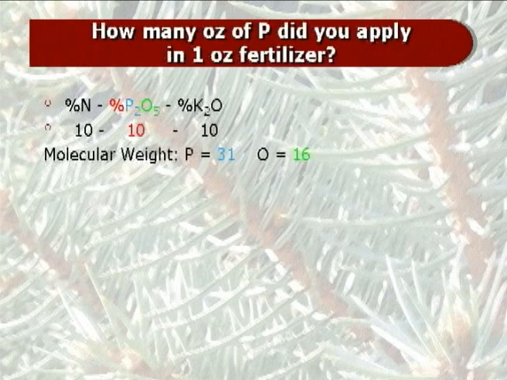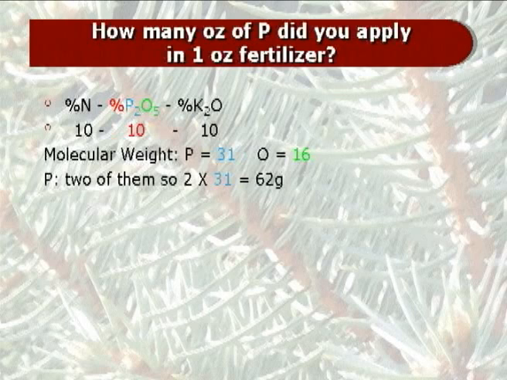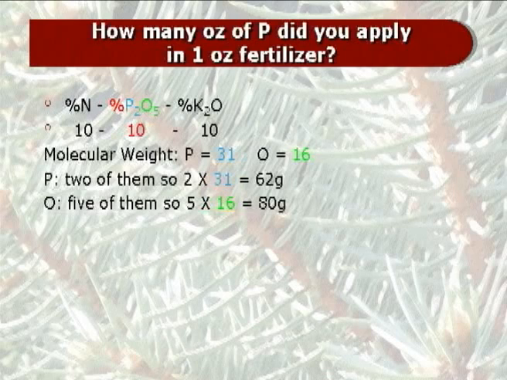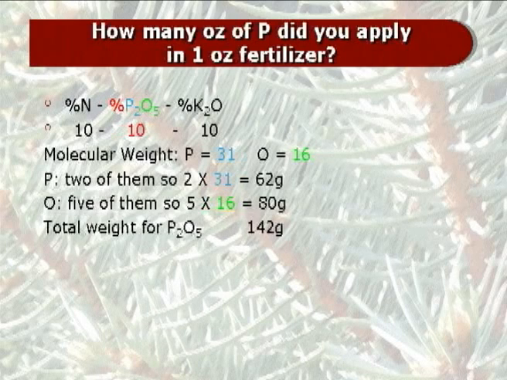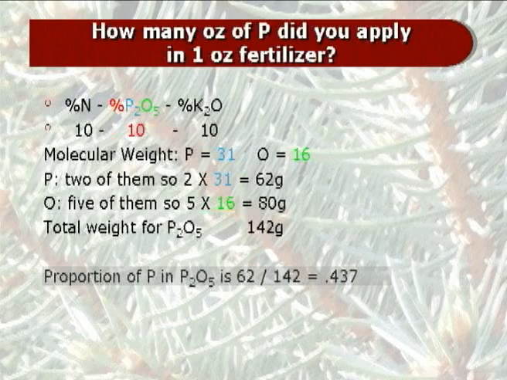These data you can get from a periodic table. For phosphorus, there are two of them, so 2 times 31, 62 grams. For oxygen, there are 5 of them in that compound, and 5 times 16 is equal to 80 grams. So the total molecular weight for P2O5 is 142 grams. Now the proportion of P in P2O5 is equal to 62 over 142, or 0.437.